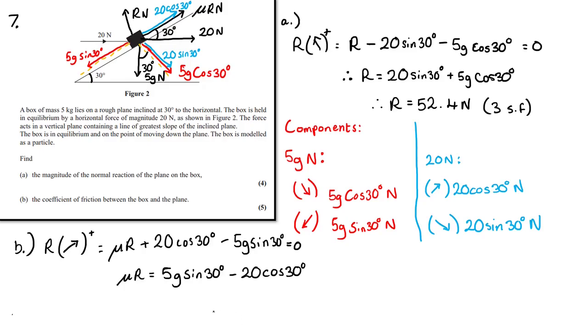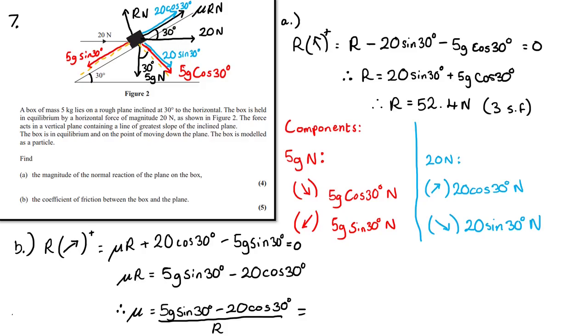We just want mu, so we now divide by R. We know the value of R here. So mu is going to be equal to 5g sine 30 degrees minus 20 cos 30 degrees, all divided by R, which is 52.4. All we need to do now is put this into our calculator.